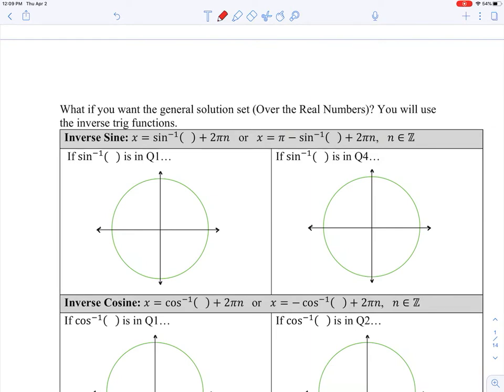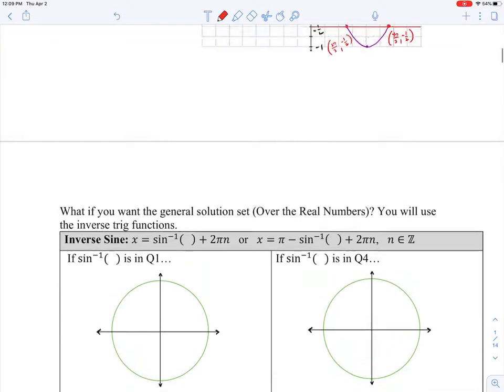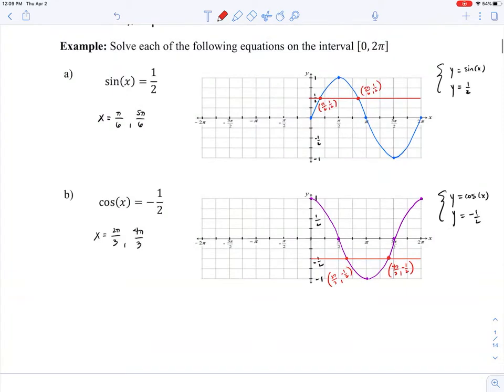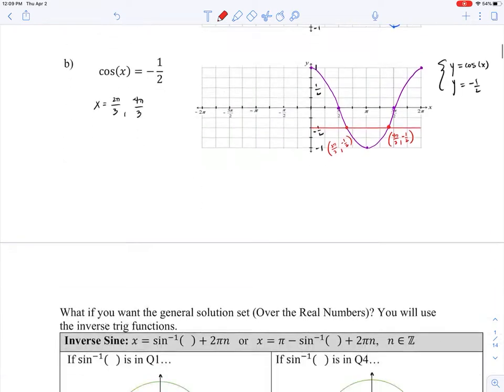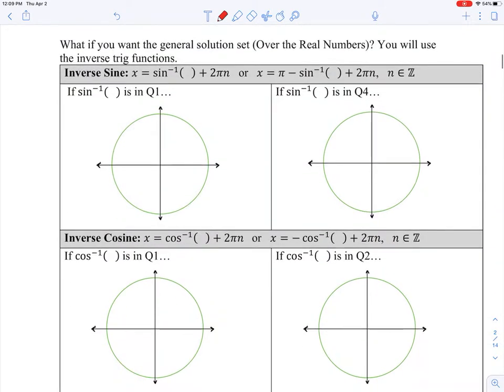Then it's going to be helpful to use the inverse trig functions. Now that's not the only way to come up with the general solution set for some equations. There are some equations, like the equations from above, where if you were solving the equation sine of x equals 1/2 over all real numbers, you could technically come up with that solution set by inspection.